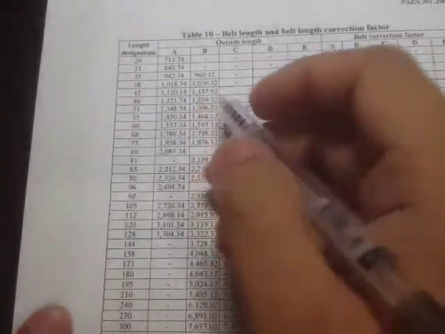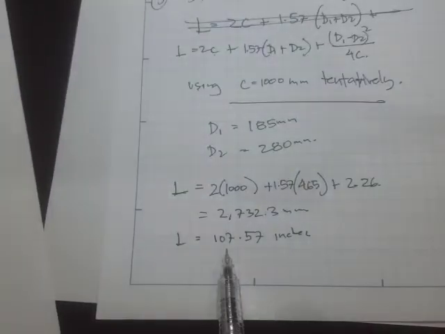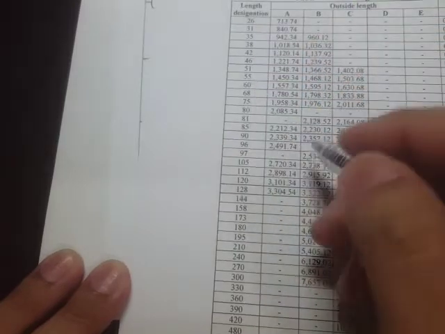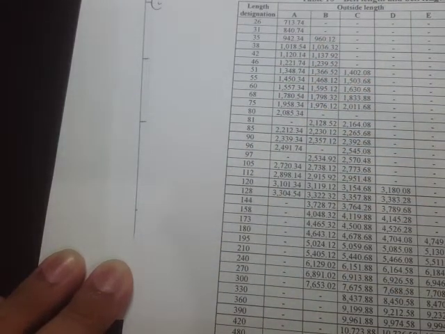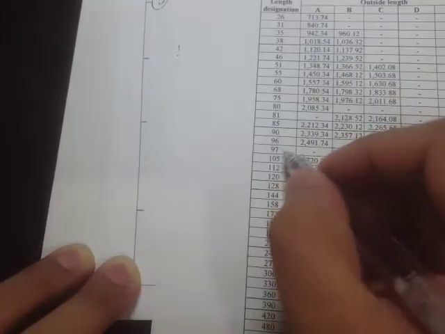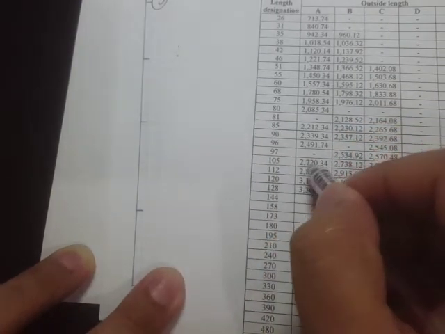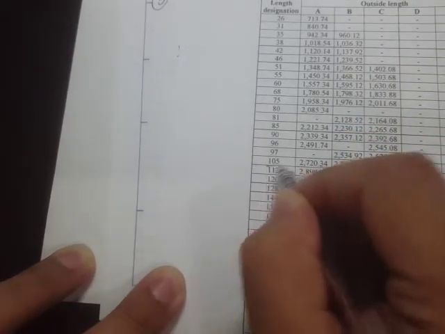And right here in our table 10, we have the length designation. So we have to find this 107.57. So that's around here. Okay, so we have 97, we have 105, we have 112. So let's just select 105.